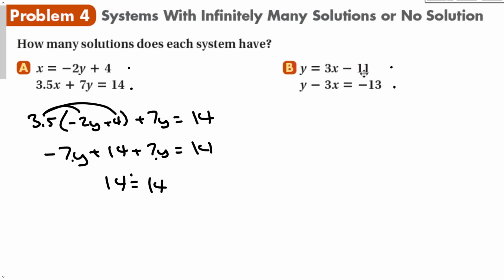Let's try. y is equal to negative 3x minus 11, so I can replace y with negative 3x minus 11, and those cancel out. Negative 11 is equal to negative 13, which means that no matter what solutions we pick, we're never going to be able to get these two lines to intersect, okay?